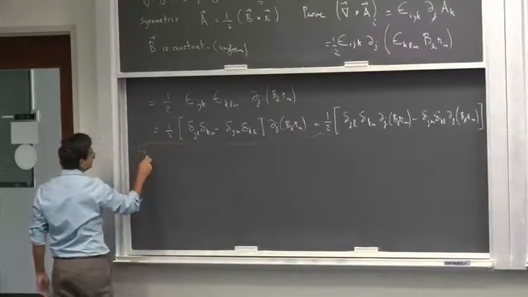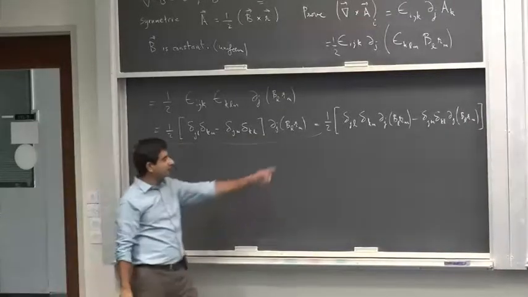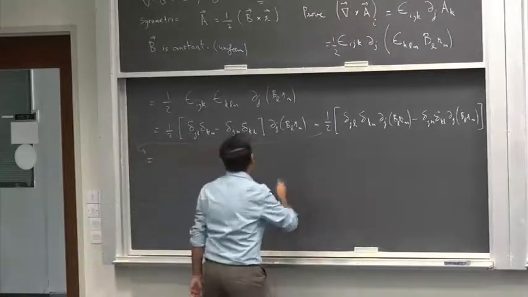Now I impose the conditions given out by the Kronecker delta functions. 1/2.